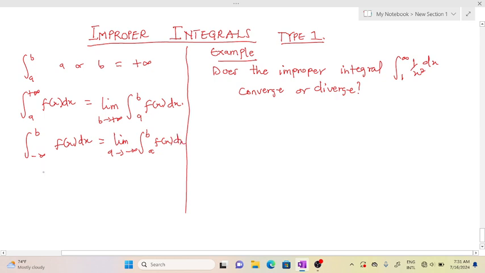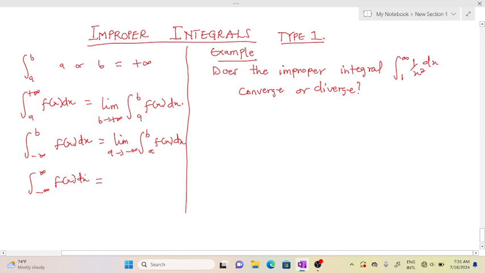Then the third scenario is when you have the integral from negative infinity to positive infinity of f of x dx. For this scenario, we realize that in each case we represented the infinity with a variable, so the same applies here. This is the combination of the previous two, so here we break our formula into two.